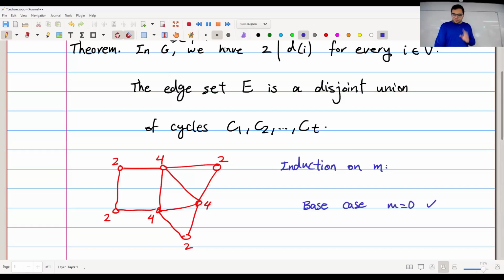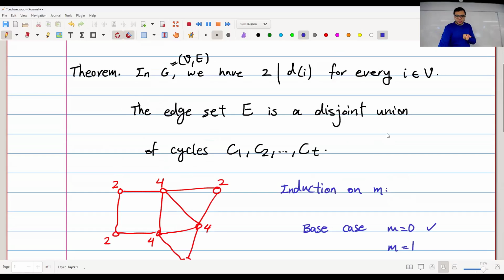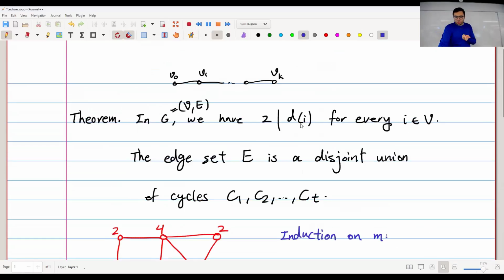And actually, we don't have to do this, but let's just look at the case where M is 1. If M is 1, I have only one edge, and this edge is connecting 2 vertices. So these vertices will have an odd degree, right? So if M is 1, I basically have no graph that satisfies my assumptions.